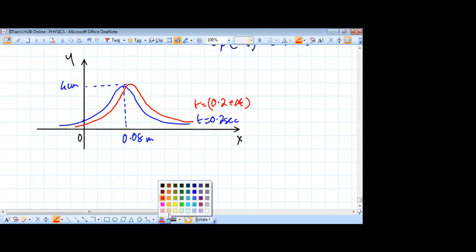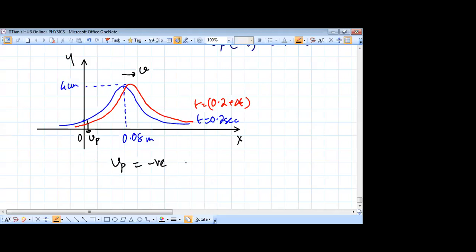Now, because we know that this is traveling along the positive x direction, we can see that this particle will have a particle velocity in the downward direction. So that is also showing why Vp came out to be a negative quantity. The del y by del t at x equal to 0, t equal to 0.2 came out to be a negative quantity because of this physical reason.